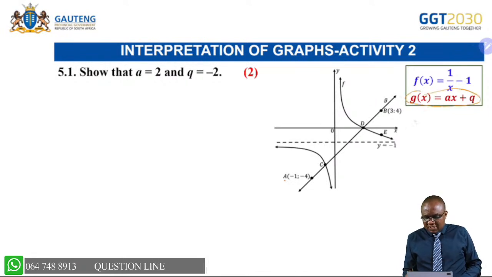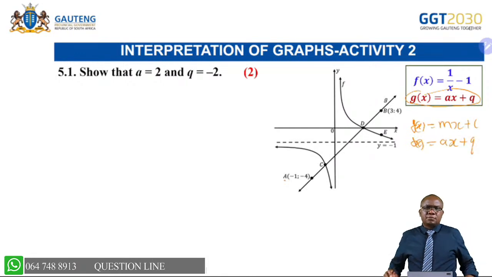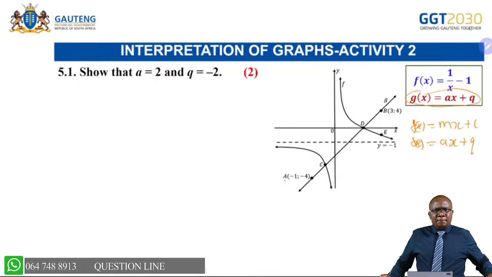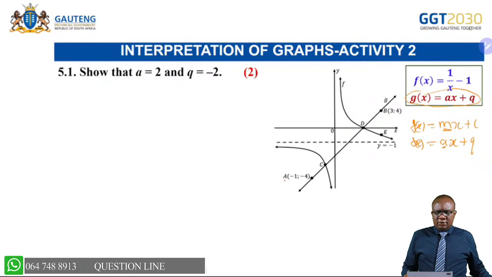The equation of a straight line is f of x is equal to mx plus c, or you can say y is equal to mx plus c, still fine. And then you can say f of x is equal to ax plus q. What is m, or what is a? m is the gradient, a is the gradient.